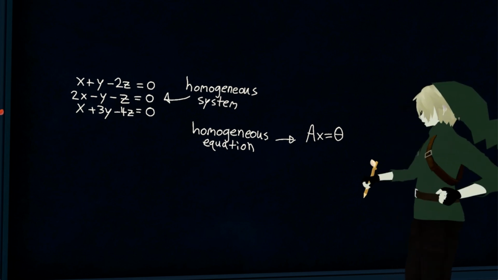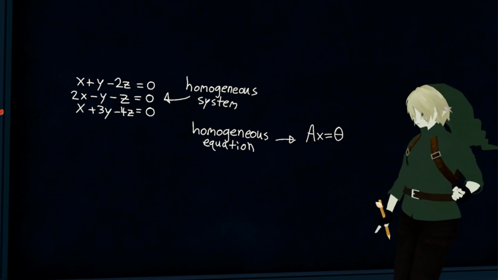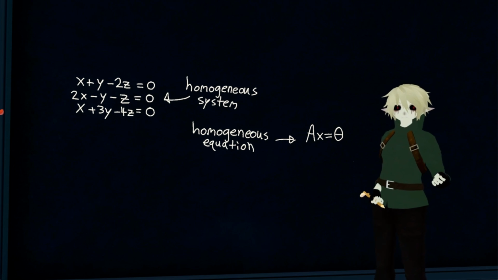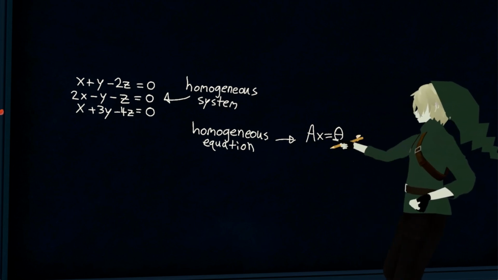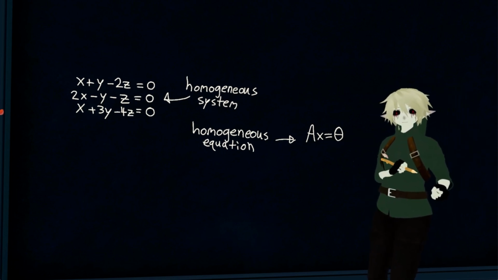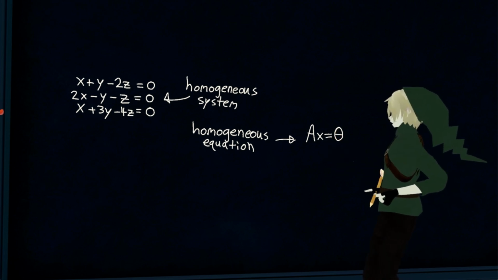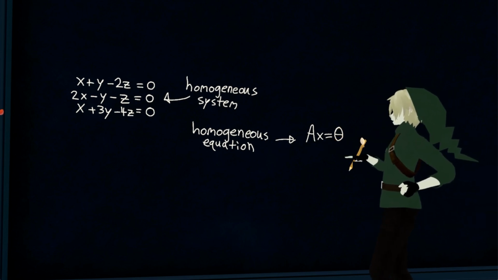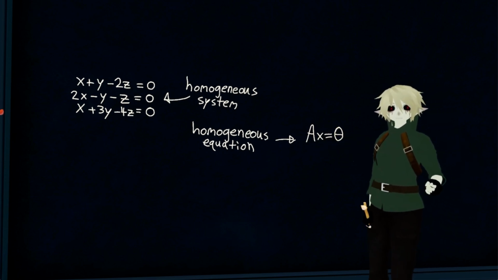You would say, oh, well, if A times x is equal to theta, then x has to equal theta, because you multiply a 0 vector or a 0 matrix to another matrix and it becomes 0. Well, that's not always the case. With matrices, yes, but with vectors, that's not always true. We can have a non-zero vector and a non-zero matrix, and it'll turn out to equal a 0 vector.